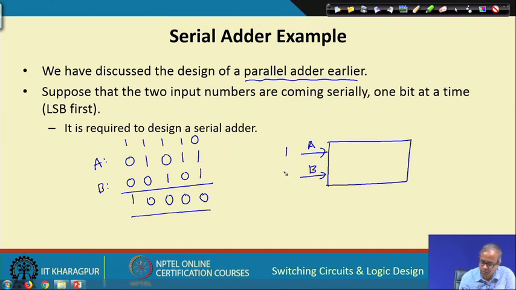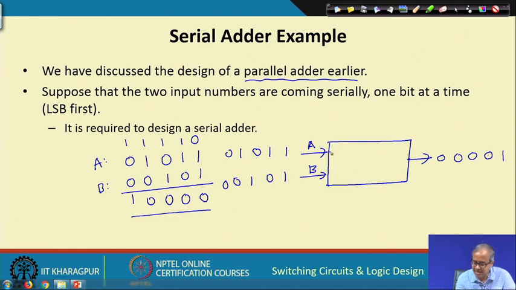First I feed 1 and 1, then I feed 1 and 0, then I feed 0 and 1, then I feed 1 and 0, then I feed 0 and 0. And in the output, I am expected to generate these bits in that same order. First I will get 0, then 0, then 0, then 0, and finally 1.